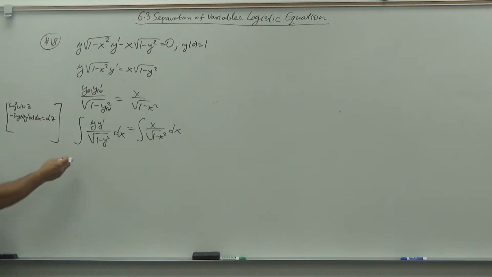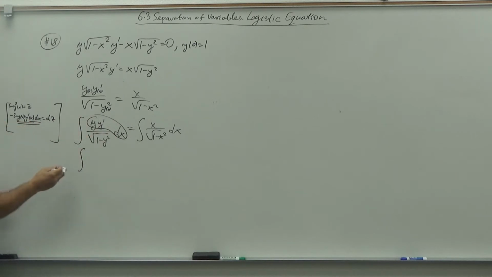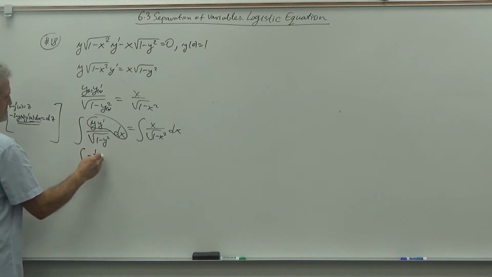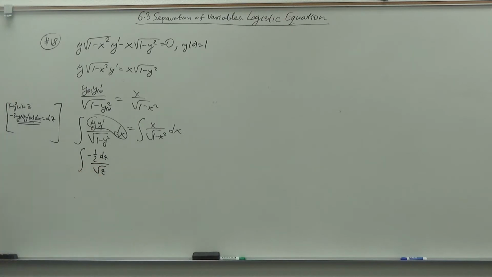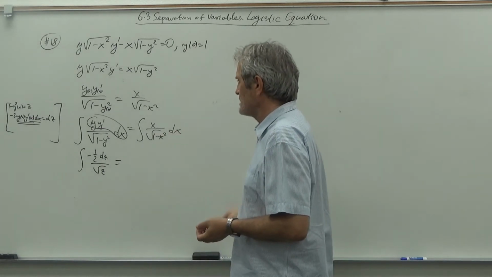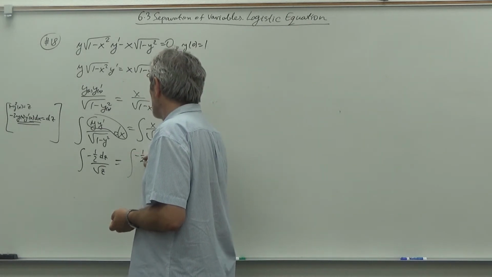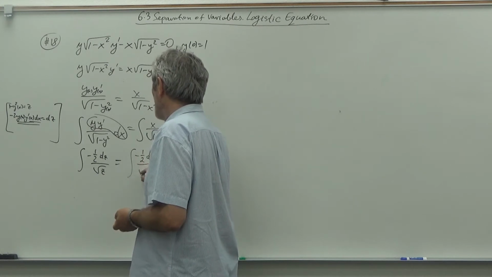So this integral here, y prime dx, the whole package, is basically minus 1/2 dz over square root of z equals, I'm not going to repeat it, that's the same idea, the integral of minus 1/2 dx over square root of x.